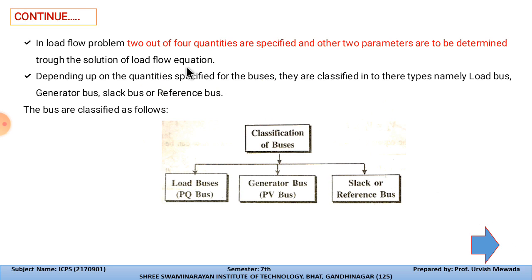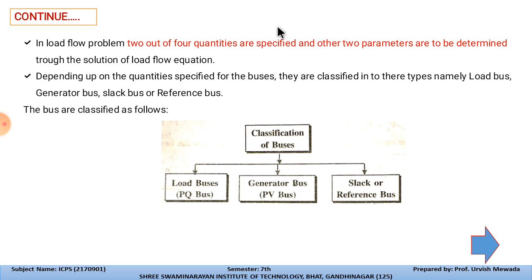Now in the load flow problem, generally we have 2 out of the 4 quantities which I described in the previous slide, the 4 quantities we discussed. Out of those 4, 2 quantities are specified and the other 2 parameters are to be determined.